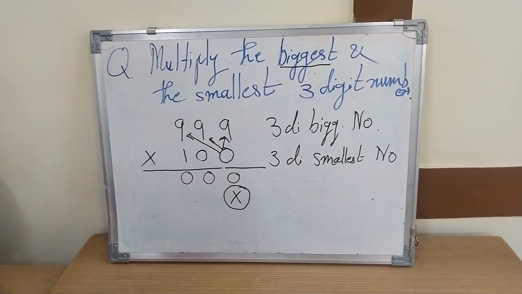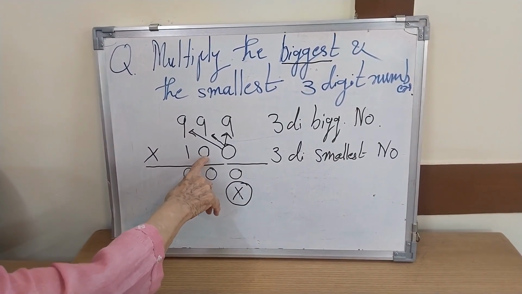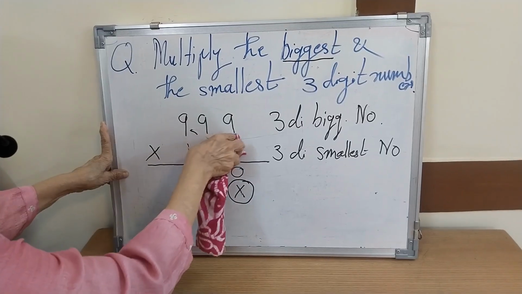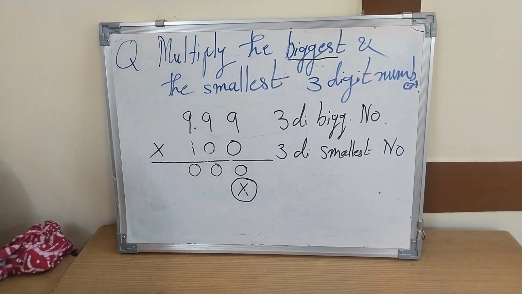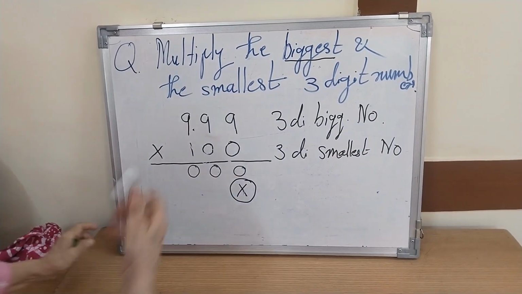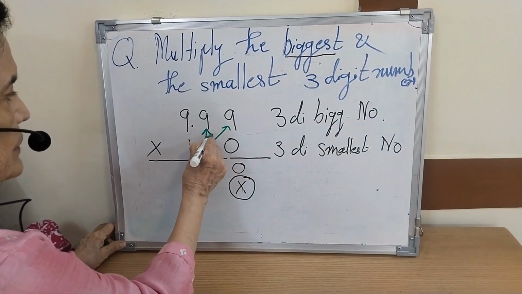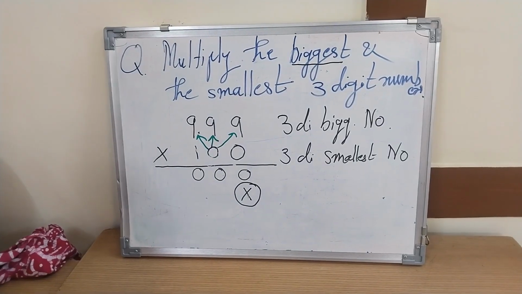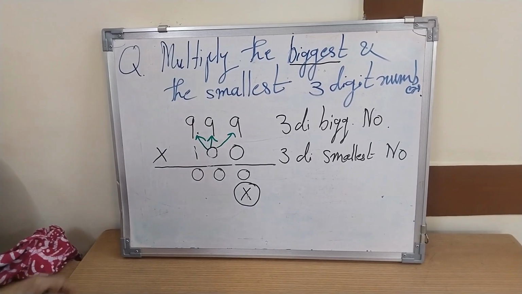And then we take up the next place, that is the tens place. Again 0 is there, and we are going to multiply again this way. First this into this, then this into this, then this into this. But here also, anything multiplied by 0 means a 0.